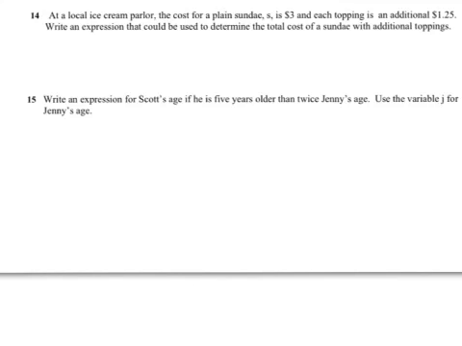So the price of the sundae itself, just the ice cream, is $3, and each additional topping is $1.25. So to write that, I would say it's $3 just for the ice cream plus $1.25 per topping. So I'm going to use the variable t to represent toppings.